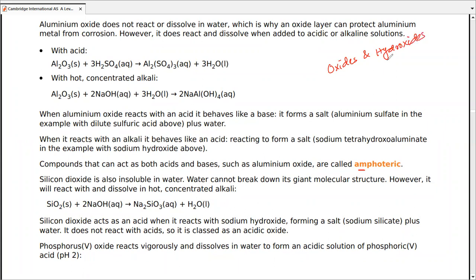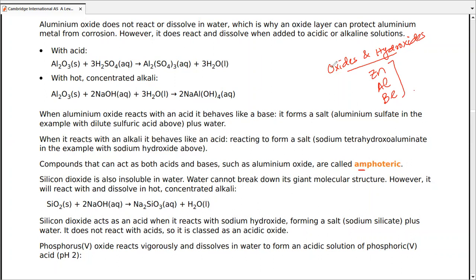The oxides and hydroxides commonly discussed in IGCSE are zinc oxides and hydroxides, aluminum oxides and hydroxides, or beryllium oxides and hydroxides. However, there are one or two more transition elements for which we have some questions in past papers here and there, but those questions are pretty rare. Usually they tend to go with these examples for amphoteric oxides or hydroxides.